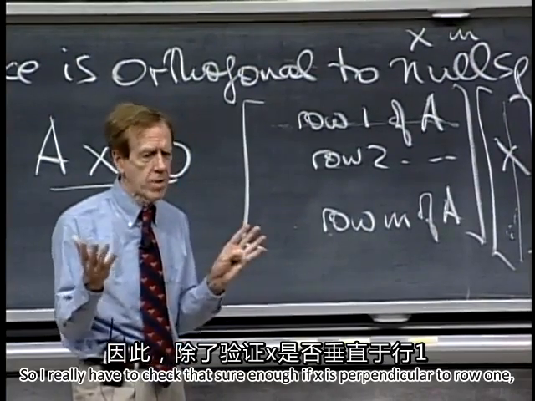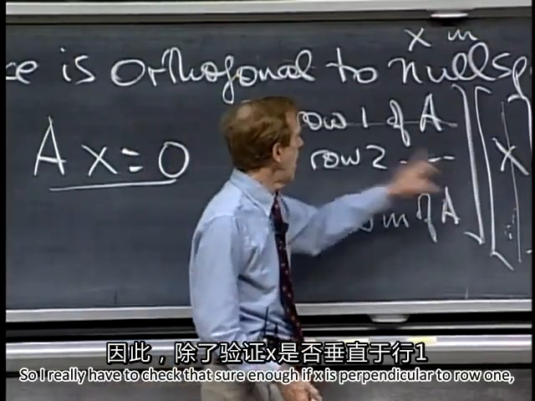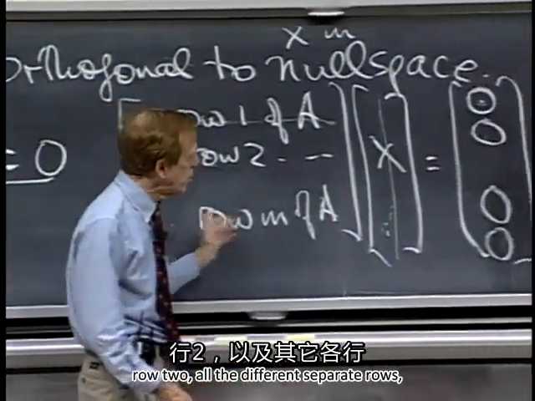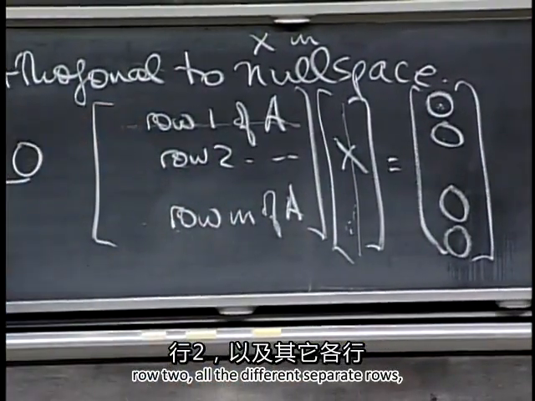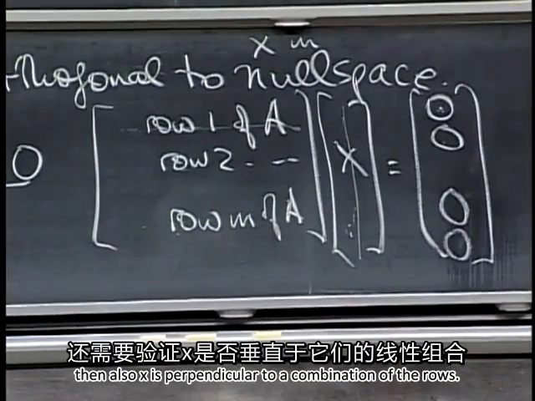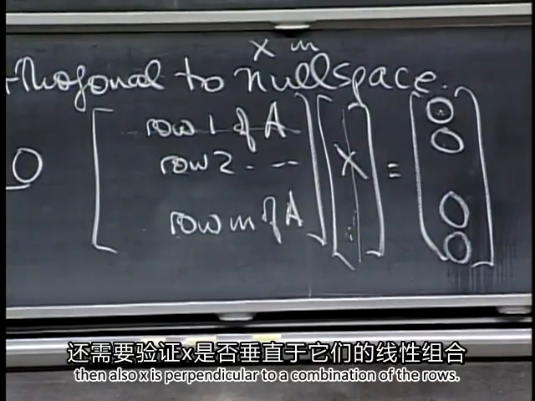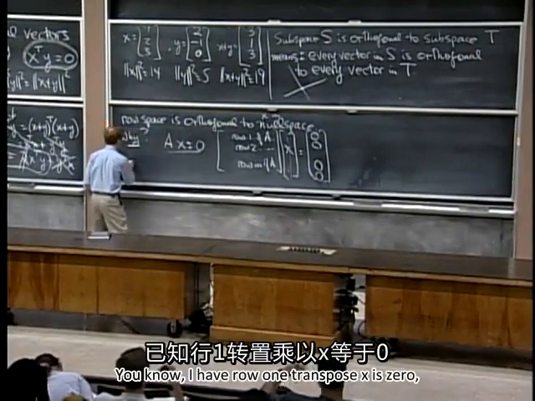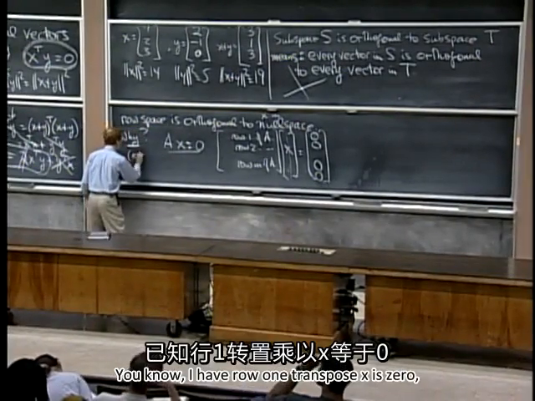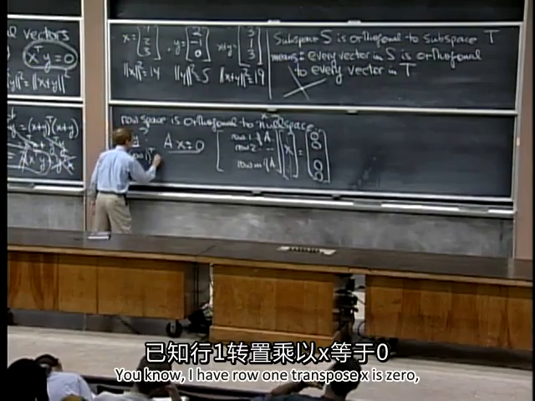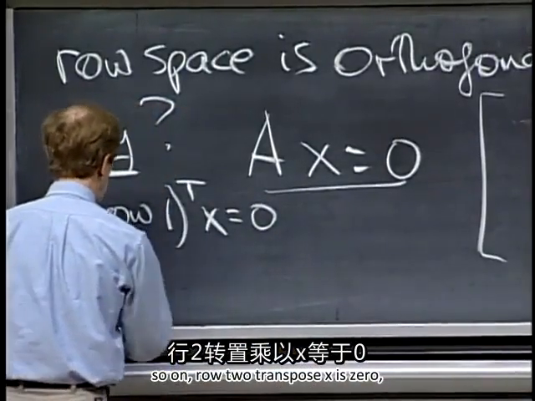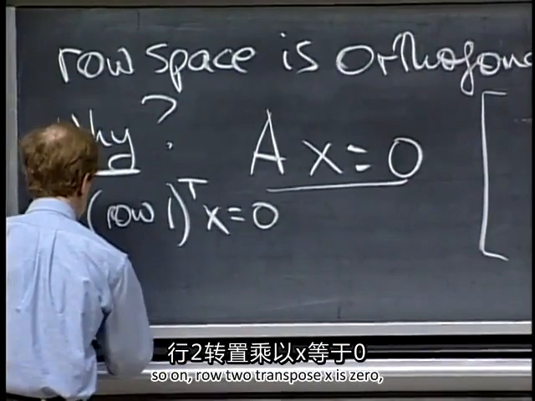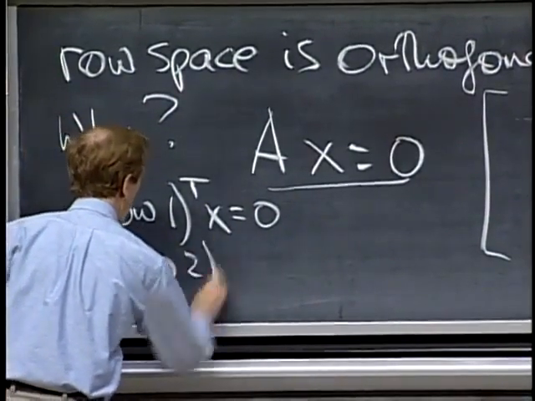So I really have to check that, sure enough, if x is perpendicular to row 1, row 2, all the different separate rows, then also x is perpendicular to a combination of the rows. And that's just matrix multiplication again. You know, I have row 1 transpose x is 0. So on, row 2 transpose x is 0.